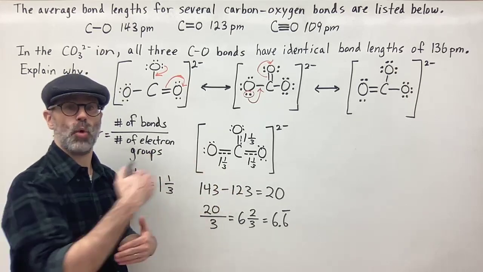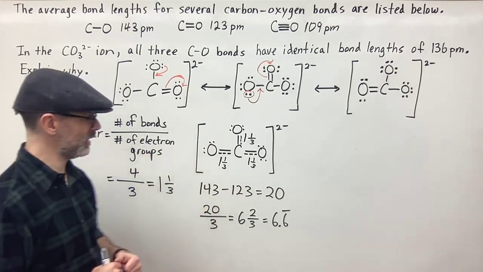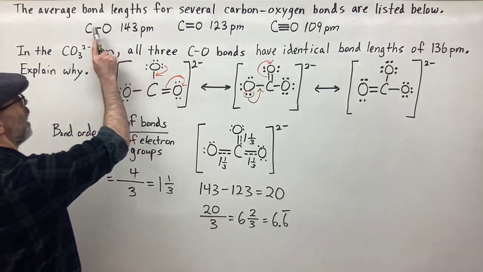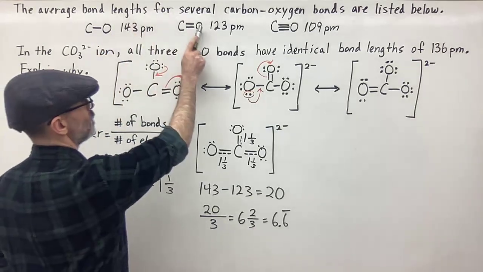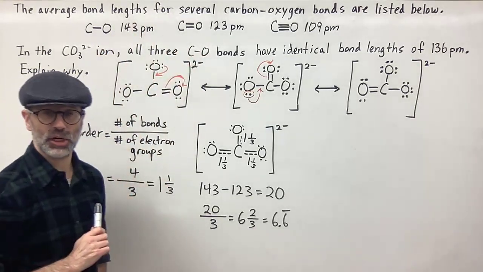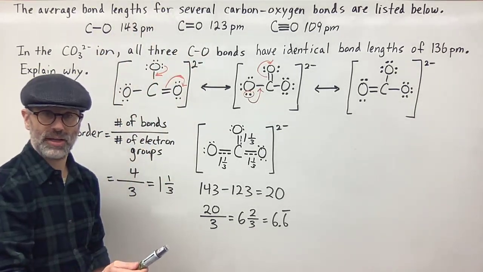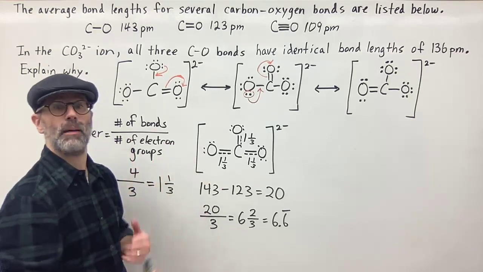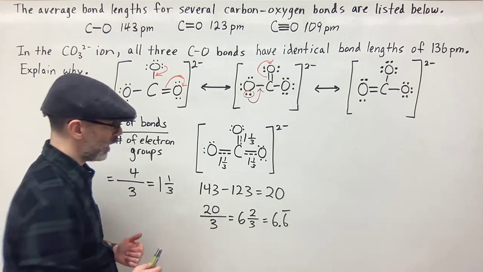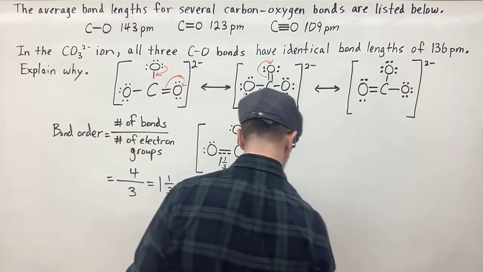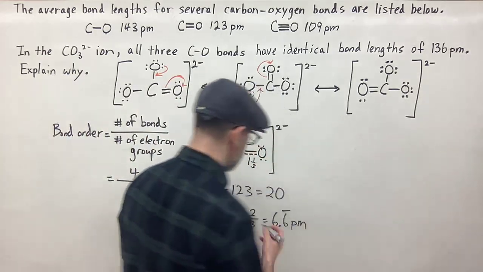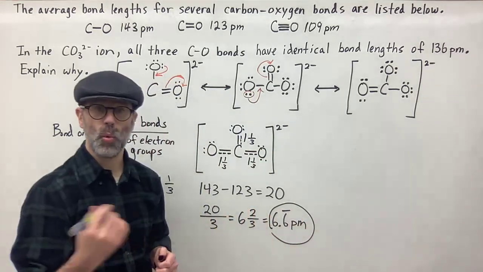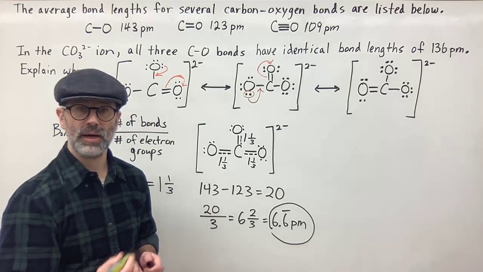So we're going to add 1/3 of the bond character. So if we go towards the double bond character by 1/3, then we're going to shorten the bond length by 1/3, right? So again, this is picometers. So this is the bond length that's related to 1/3 of a bond.